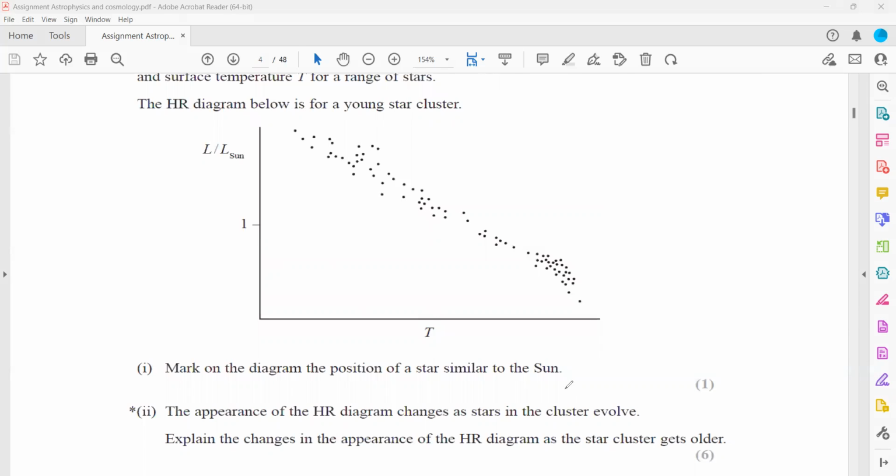Basically, when the hydrogen fusion ends, the radiation pressure reduces, so the star's size decreases and it starts helium fusion. As a result, the size of the star will increase, it will give out more energy, and the luminosity will be high, so it will be a red giant. So from main sequence, it will turn into a red giant. Then what will happen?